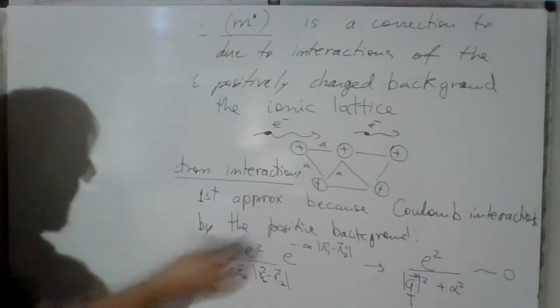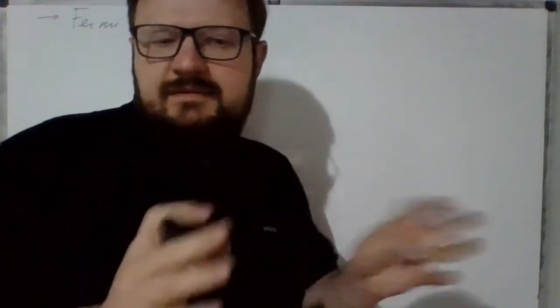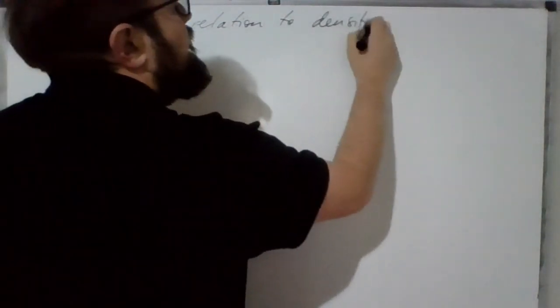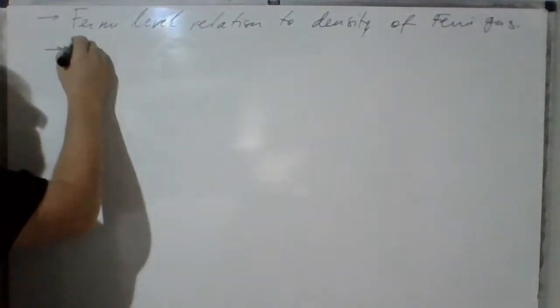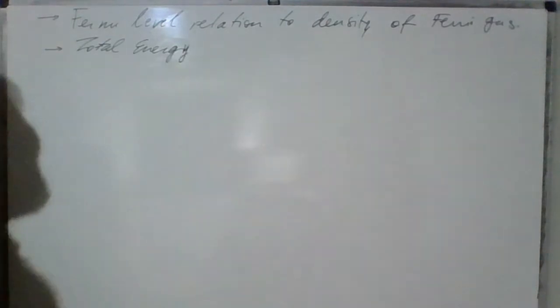Okay. Now we can calculate many things here. We can calculate the number of electrons, the Fermi level. We can find relations between the Fermi level and the density of the Fermi gas. We want to calculate the total energy of the system.